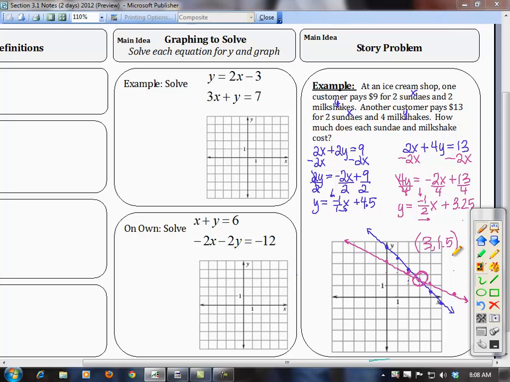So, as you're going through, what we would ask of you is to say, okay, well, first of all, this system is consistent and independent because it has one solution. And the last thing we would say is it looks like we have $3 for a sundae and $1.50, better write out my dollar, for a milkshake.